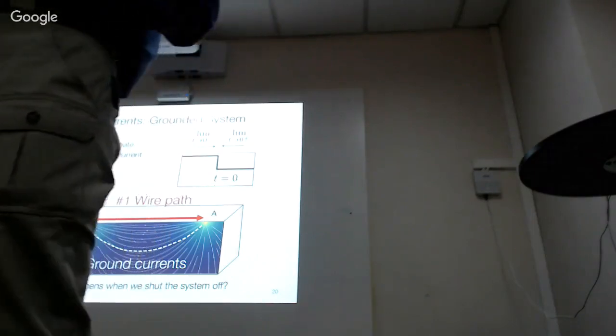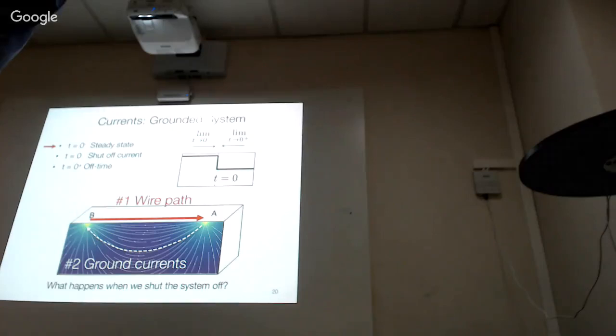So if I turn my current off and you're not going to be affected, the only way that can happen is if there's a replacement current, a current going in the earth that looks exactly like the current from the wire.